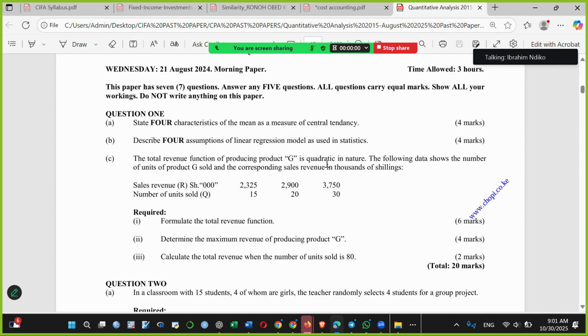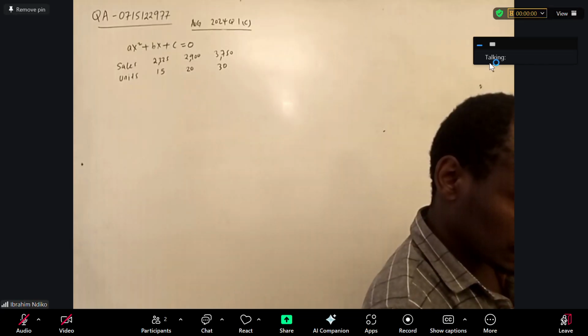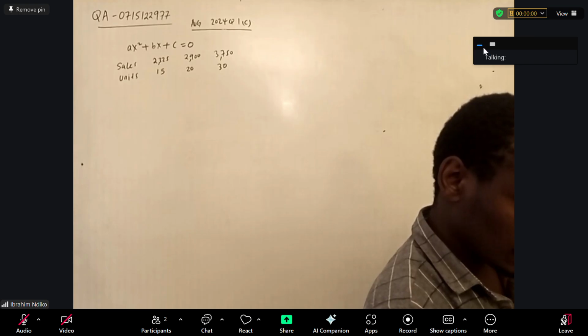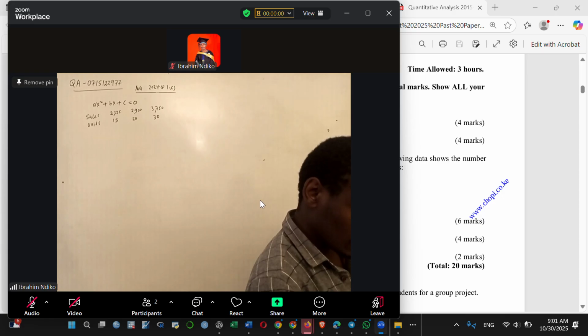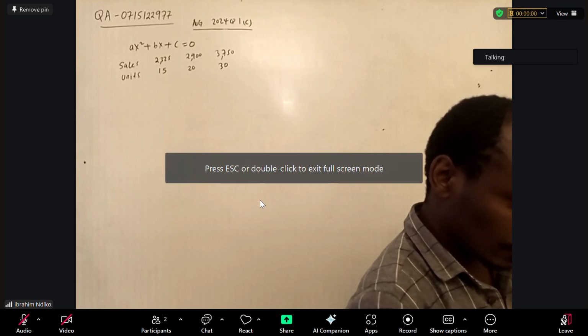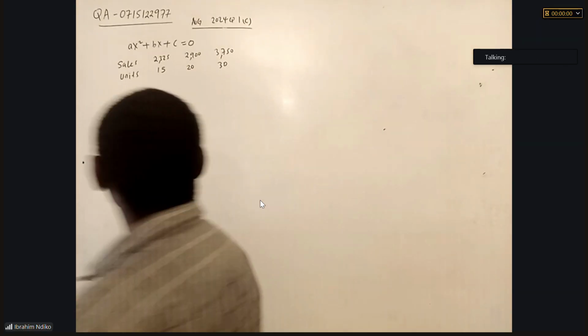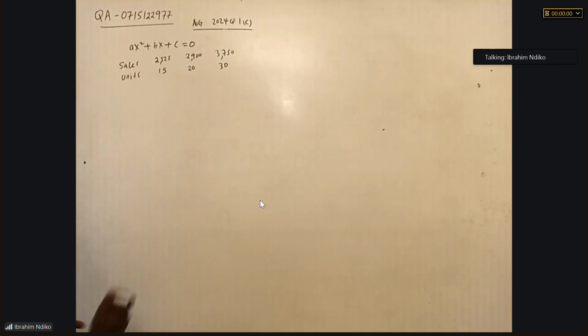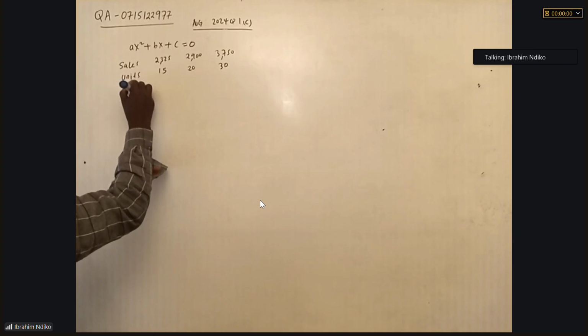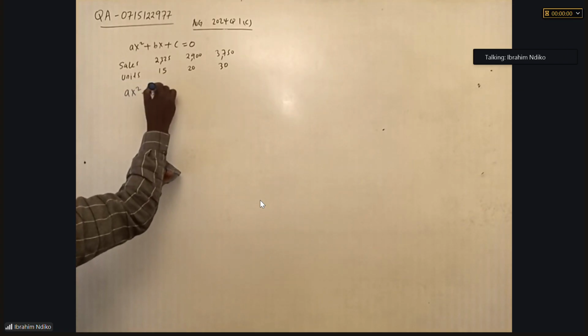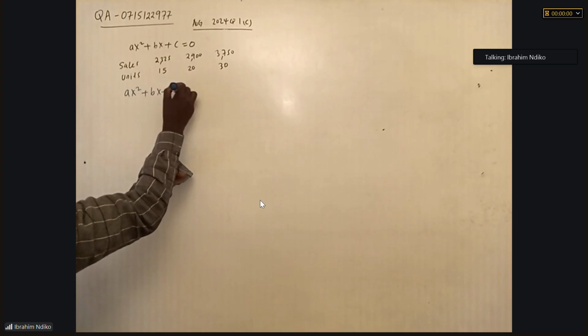Now this one is a quadratic function. You know what a quadratic function is. So in this case, our quadratic function is equal to ax squared plus bx plus c.